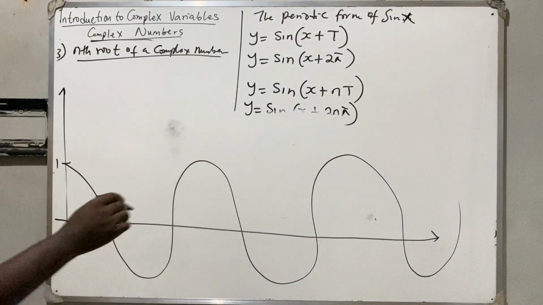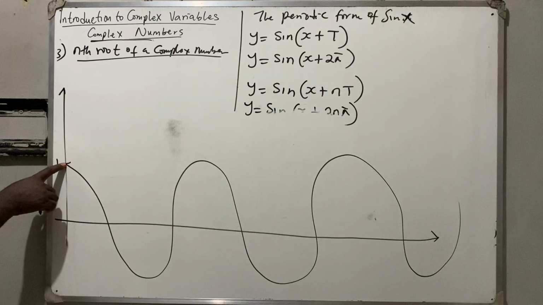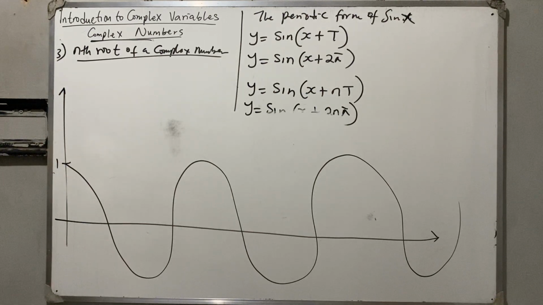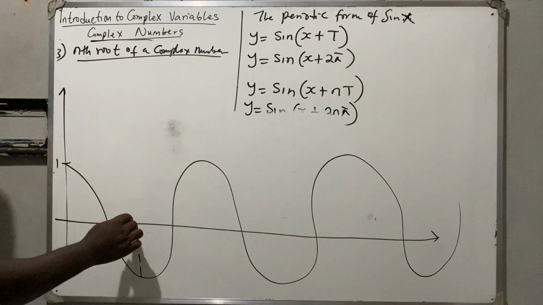Like that, and on and on. So you see that from here, this is not up to 1. This thing. So let's say somewhere half here is our pi.